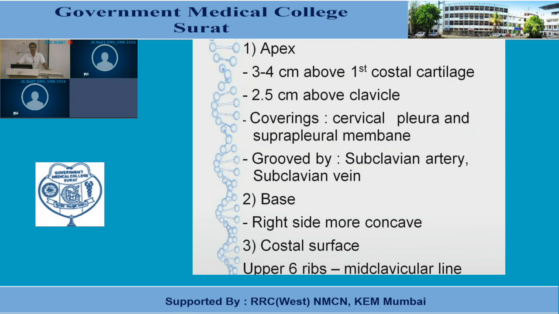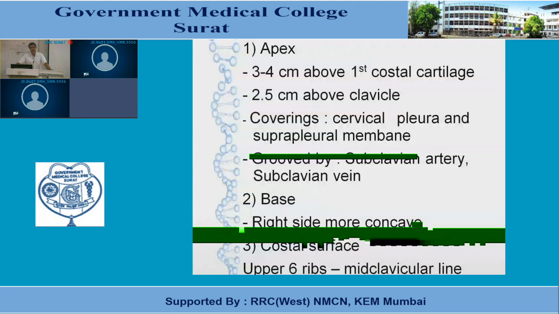Now surfaces. Costal surface. Costal surface is outer aspect of this lung, and it will show elevations and depressions. This costal surface comes in relation with ribs and intercostal spaces. Which ribs? It will come in relation with upper 6 ribs in mid-clavicular line.